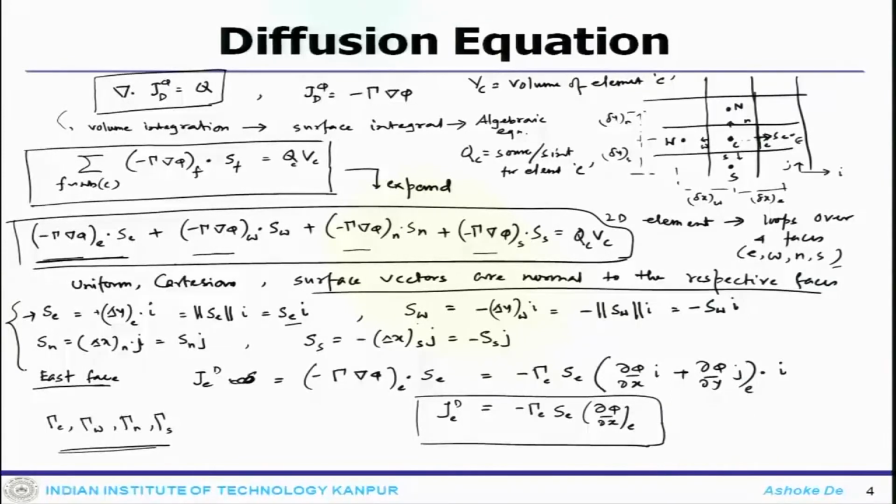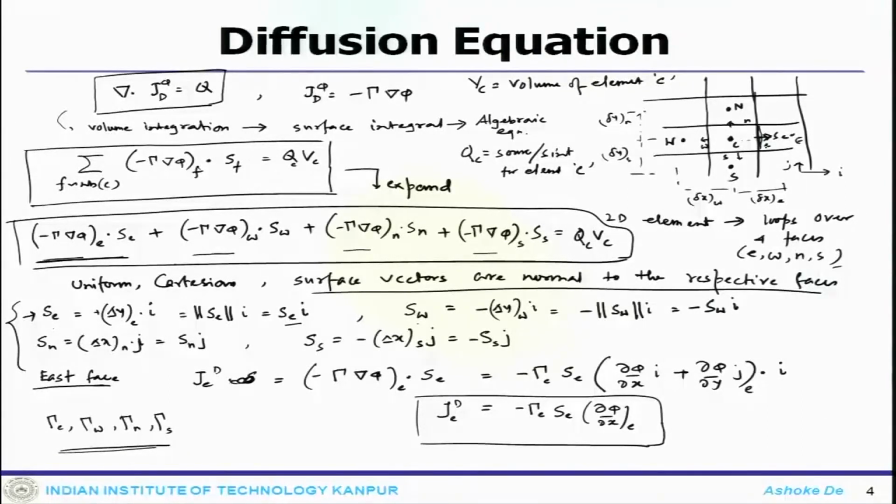Since it is a 2D Cartesian system, it was quite straightforward to estimate those. You can see A_E was delta y e_i, and A_N was delta x e_j. So it is a surface vector: you can assume that this is the length multiplied by the unit distance along the out of plane component.